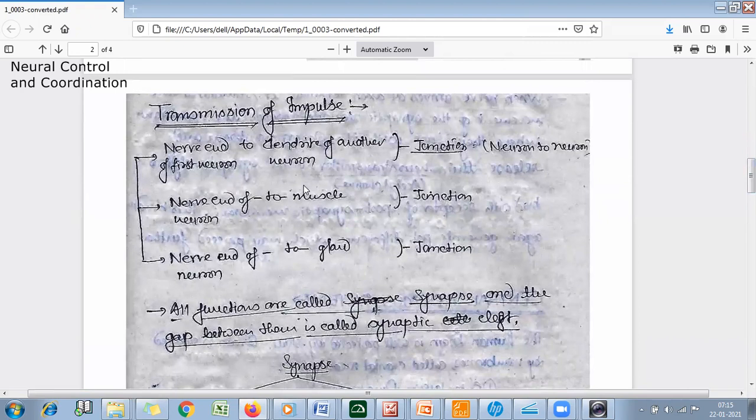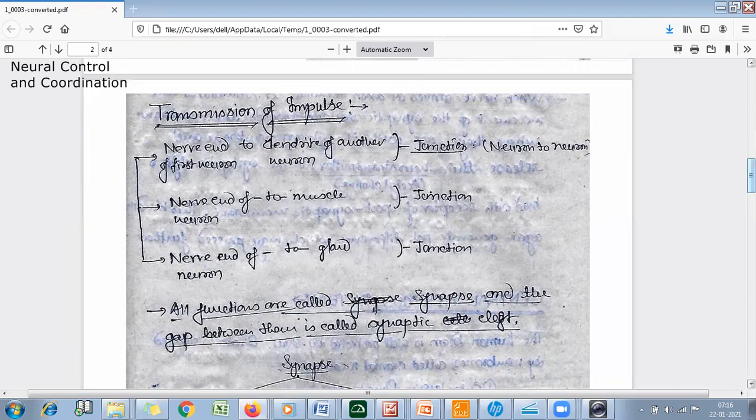I told you that there are some junctions, such as nerve into the dendrite of another neuron. So it will make a junction, and another situation could be nerve into muscle. This could also be a junction, and nerve end to the gland could also be a junction.